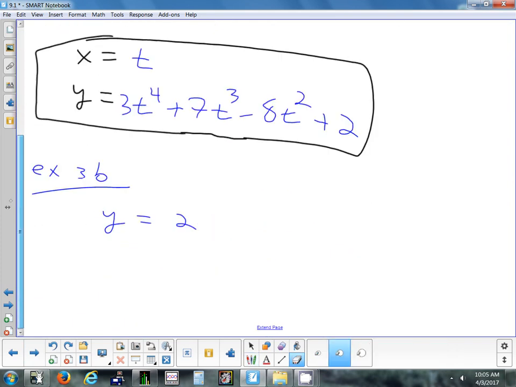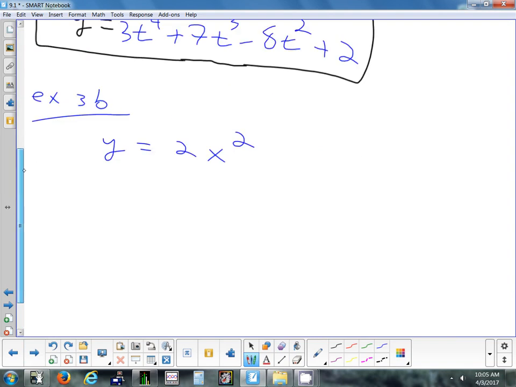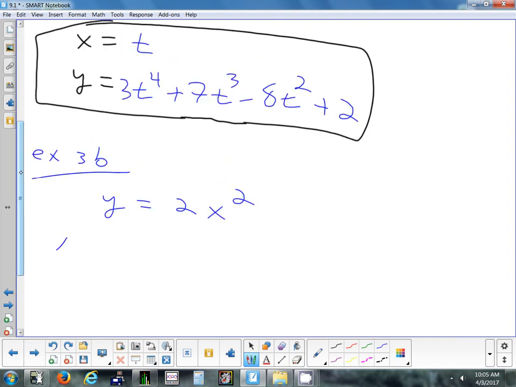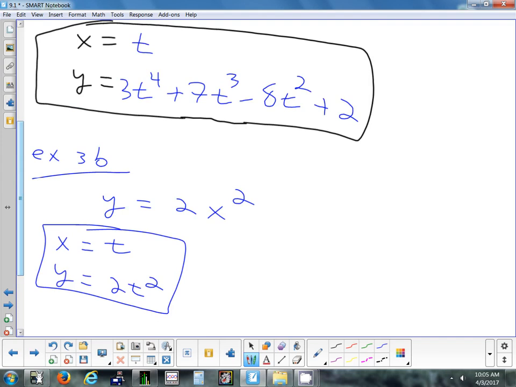Y equals 2x squared. There's a function, and I want to convert that to parametric. I want to do it two ways. How would I do it the way we just did it? Yep, x equals t, and then y equals 2t squared. There's one way to write that parametrically.